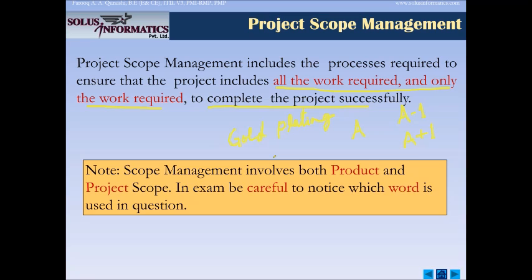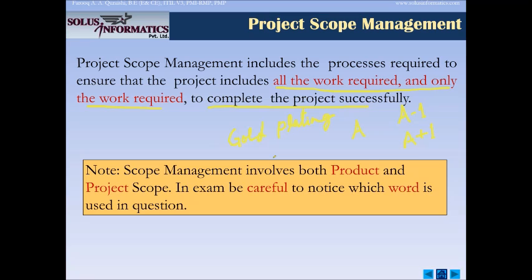See, if you know what you're doing and if you're doing it perfectly, there is no reason why you should be doing gold plating, because you're not doing charity, but you're doing business, you're doing project. So PMBOK discourages gold plating.